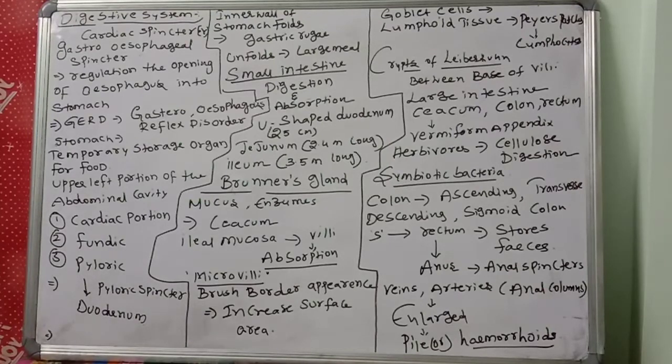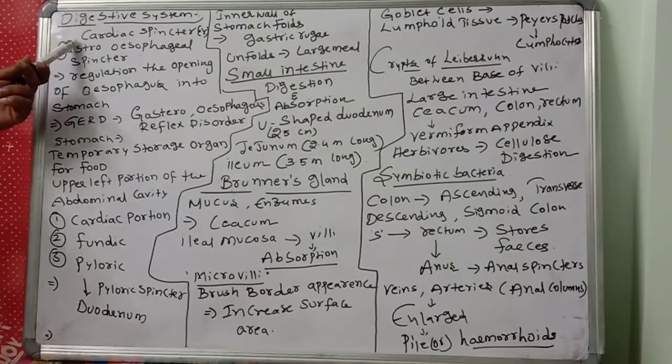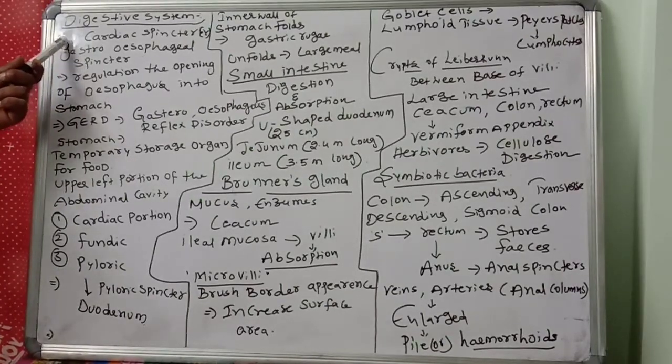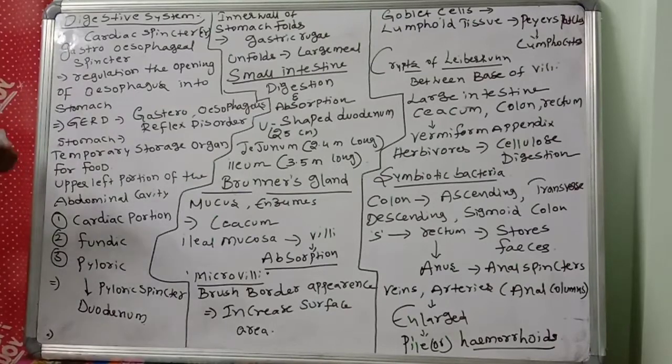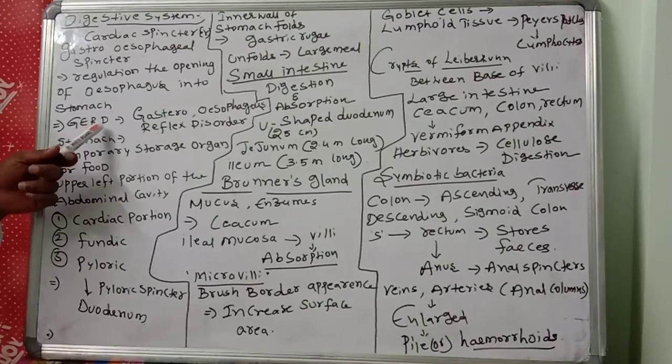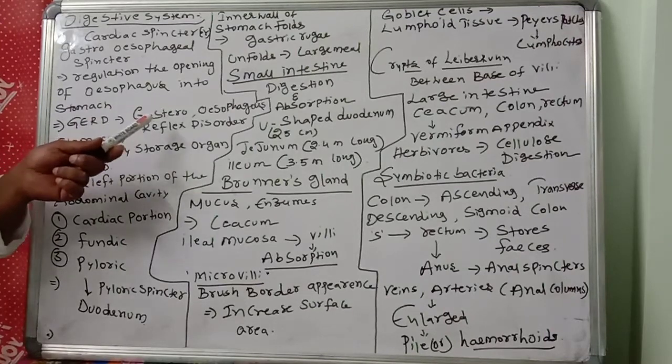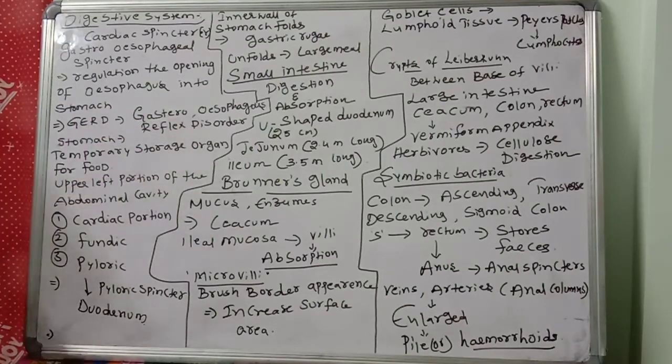Sometimes when the stomach is doing its work and the cardiac sphincter is not working properly, the food which is in the stomach will come out. That time we will feel irritation, a vomiting sensation. That problem is called GERD, gastroesophageal reflux disorder.